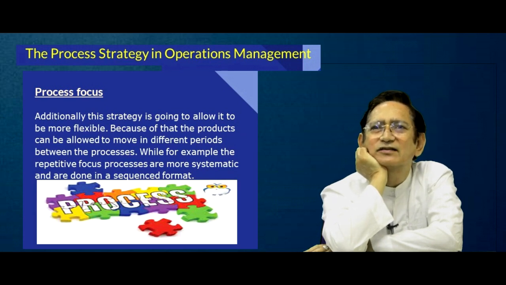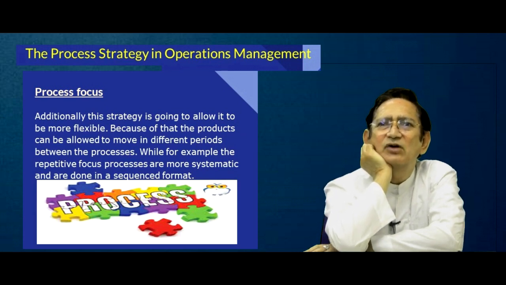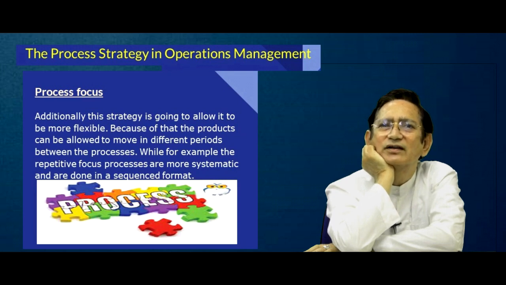Because of that, products can be allowed to move in different periods between the processes, while, for example, the repetitive focus processes are more systematic and are done in a sequenced format.